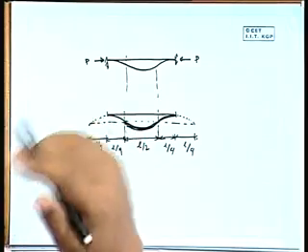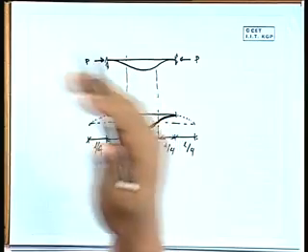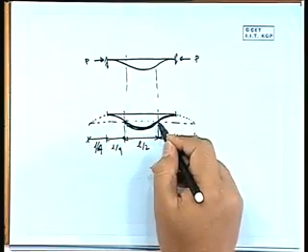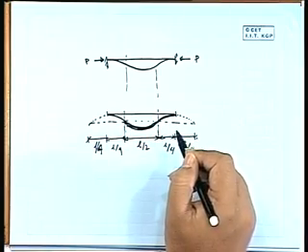Normally, if we take a simply supported case, at both the ends bending moment is 0, means d2y dx square is 0. So if you solve and get the deflected curve at L by 4, your y will be there. If you take derivative, you will get slope. You will get another derivative and put x equal to L by 4, you will get here curvature equal to 0. So if curvature equal to 0, slope is there.